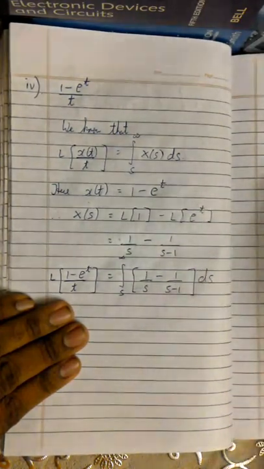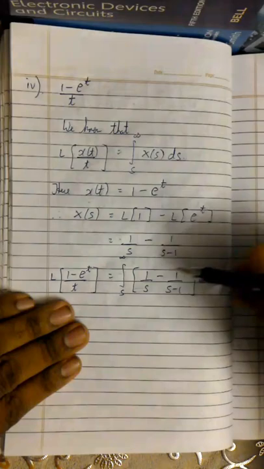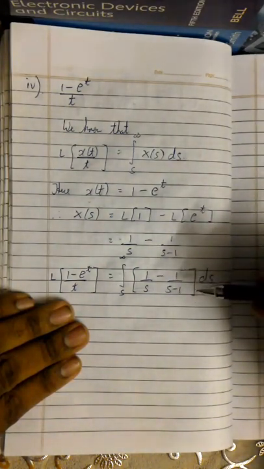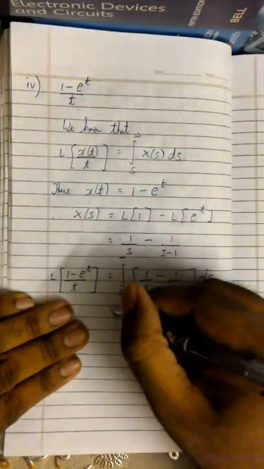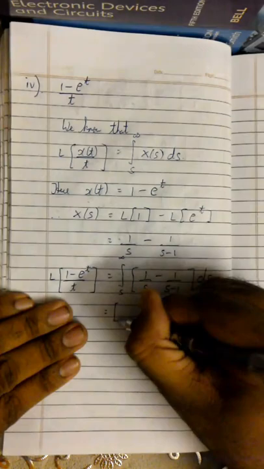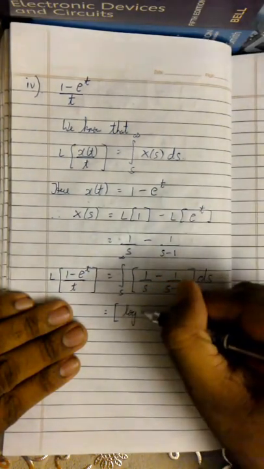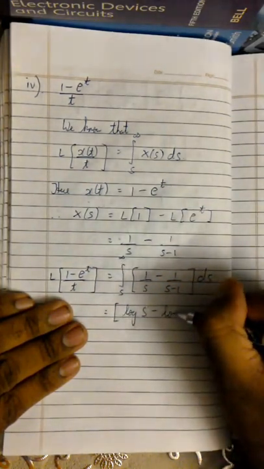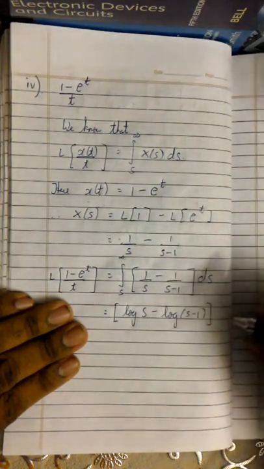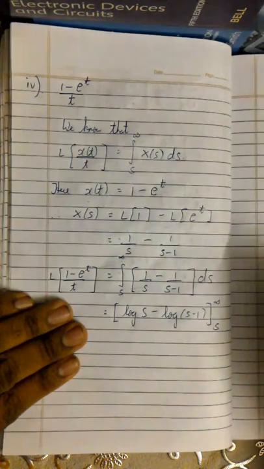This integration is very easy: integral of 1 by s is log s, and integral of 1 by s minus 1 is log of s minus 1. So this is nothing but log s minus log of s minus 1, with the limit from s to infinity.